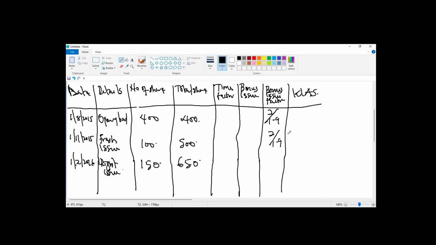What does the next one say? On 31st of July, that's the last day, 31st of July 2016, what happened? A bonus issue of 270 million shares was completed, capitalizing reserves.